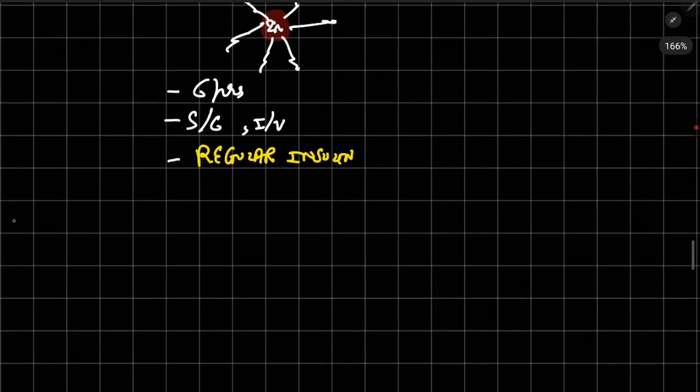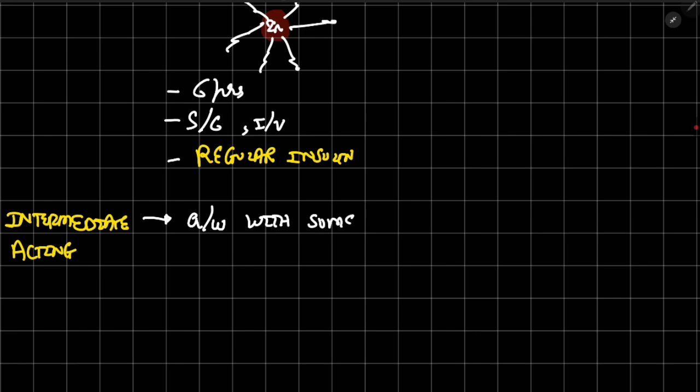Then we have the intermediate acting insulin. It is also associated with some molecule, and we will also draw its picture. It is also known as lente insulin.